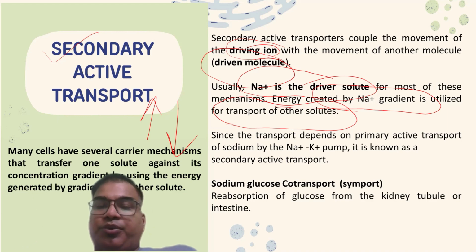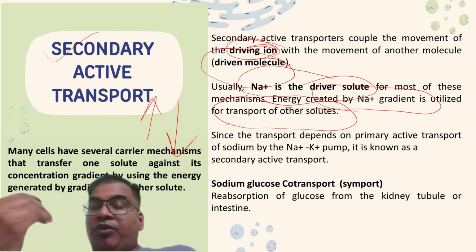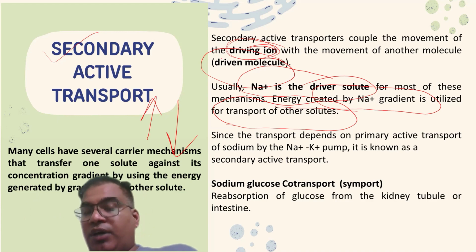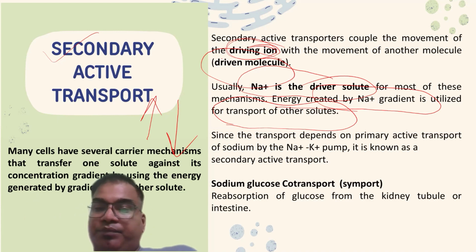In secondary active transport, there is a movement of the driving ion, and by the movement of this driving ion, energy is being generated, and that energy is used to move the other ion across the membrane. Similarly, here also the direction of the ions could be the same or opposite. If it is in the same direction, it is called symport, and if it is in the opposite direction, then it is called antiport.